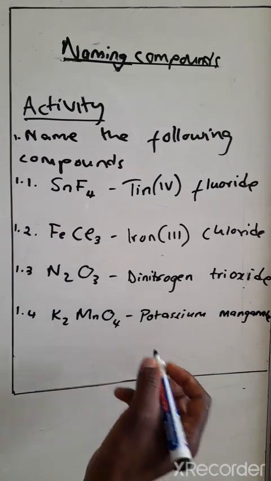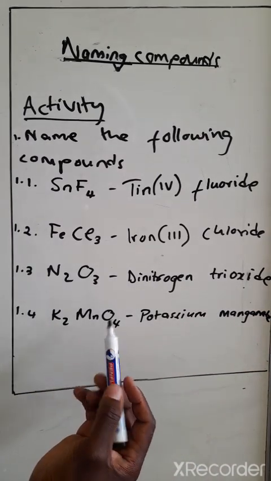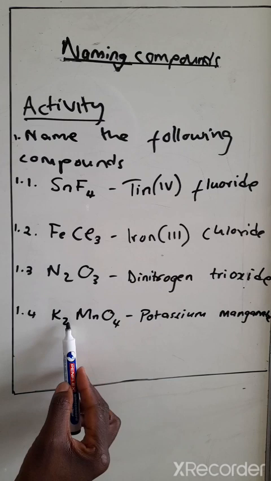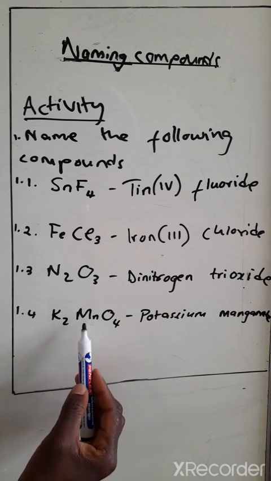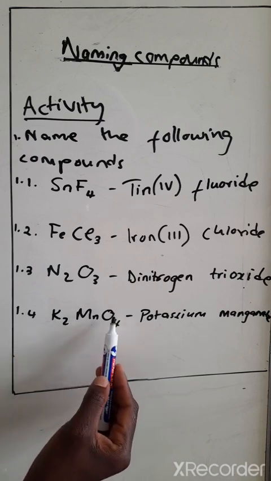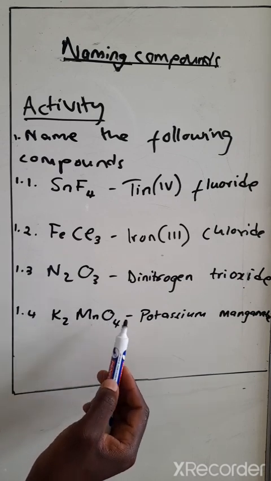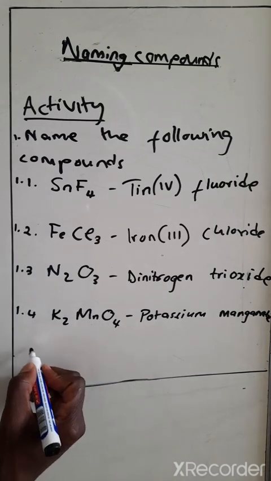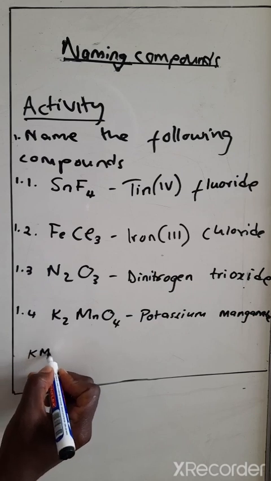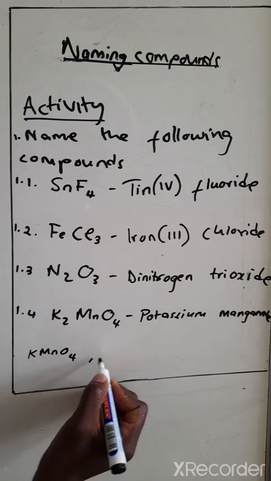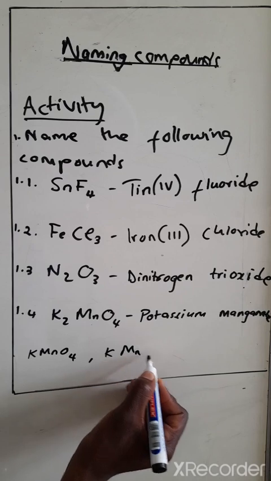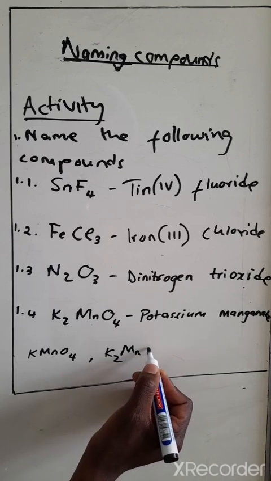Please remember that this is manganate. How do you know? Because if you take these two back, it's going to be the manganate ion. There's a difference between KMnO4 and K2MnO4.